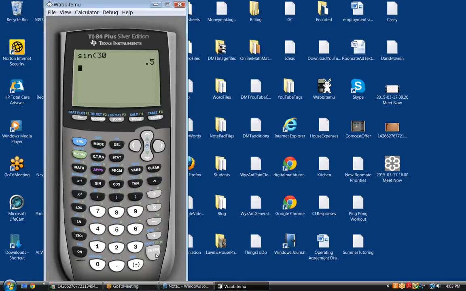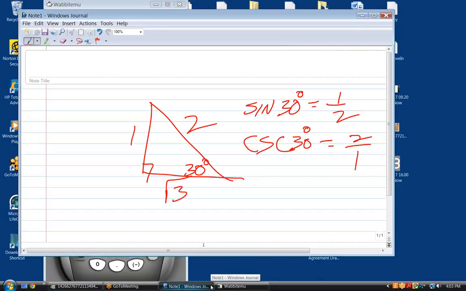There's my 1/2. And then I would take the reciprocal of the answer to get 2. So on my calculator, I type the sine of 30 degrees and then hit this key right here. Okay. And it's as straightforward as that.